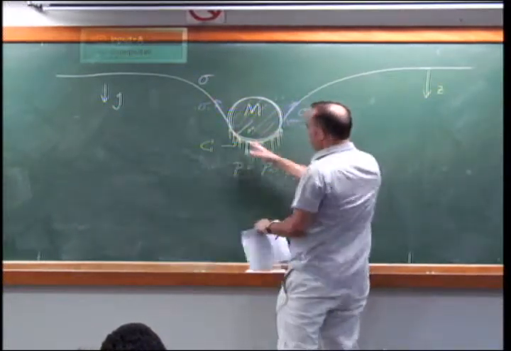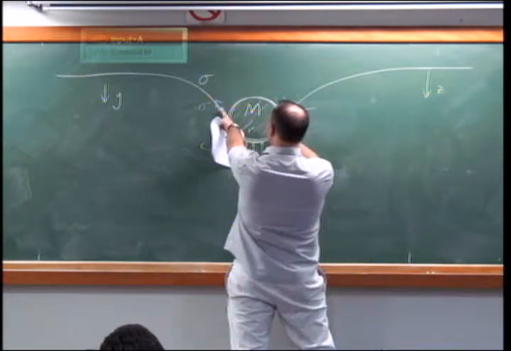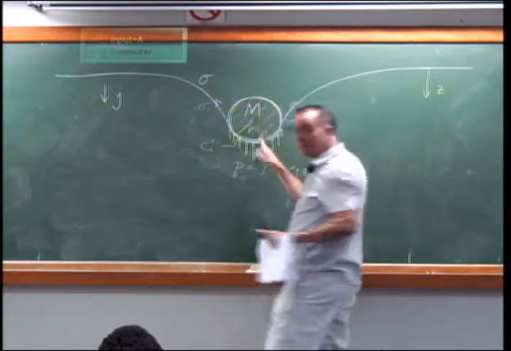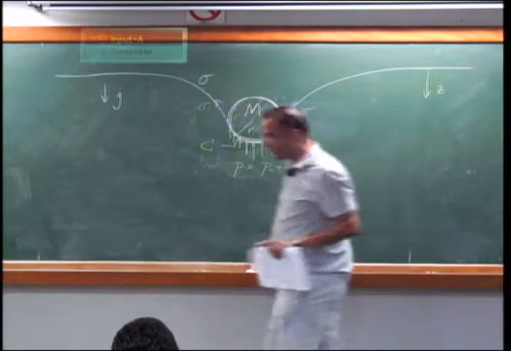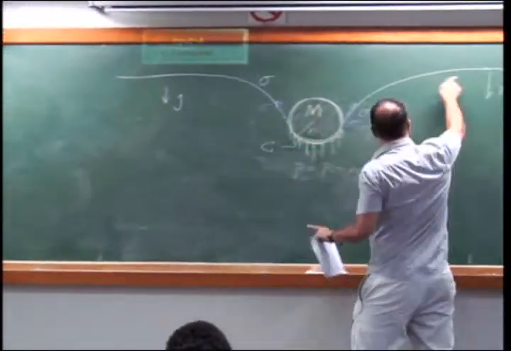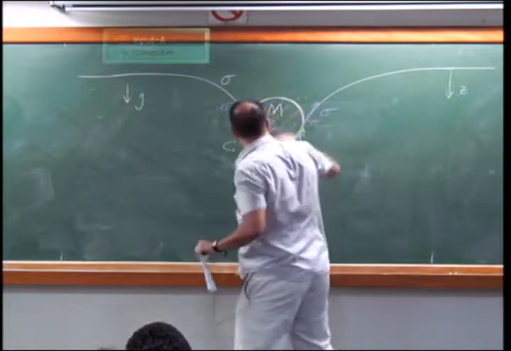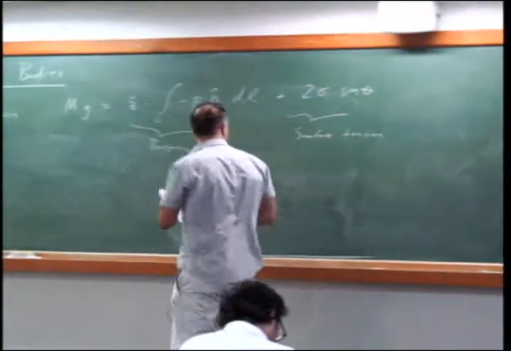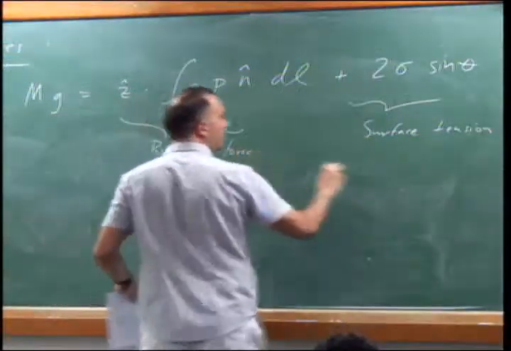It turns out that integrating sigma div n over the surface of the body simply gives you a result that can be accounted for entirely by the contributions from the ends. So I'll just write down the contributions at the end; we'll show you that in a second. What we're going to do here is compute the force acting along this length. So this is the buoyancy force, this is the surface tension force.